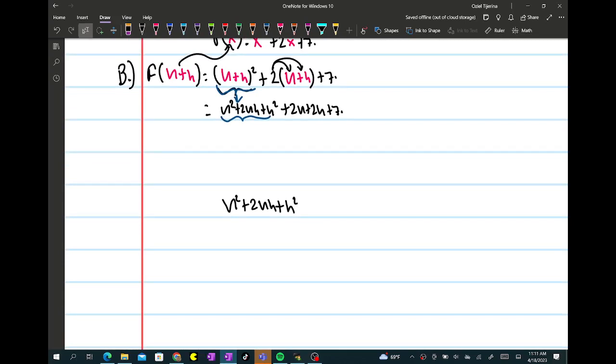I don't think we can simplify any further. So f of u plus h would be u squared plus 2uh plus h squared plus 2u plus 2h plus 7, and that is what this would be here.